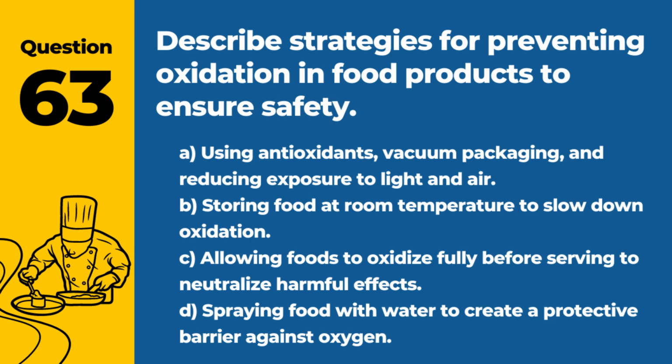D. Spraying food with water to create a protective barrier against oxygen. Answer A. Using antioxidants, vacuum packaging, and reducing exposure to light and air. These strategies help prevent oxidation, preserving food quality and safety by minimizing the degradation and potential formation of harmful compounds.